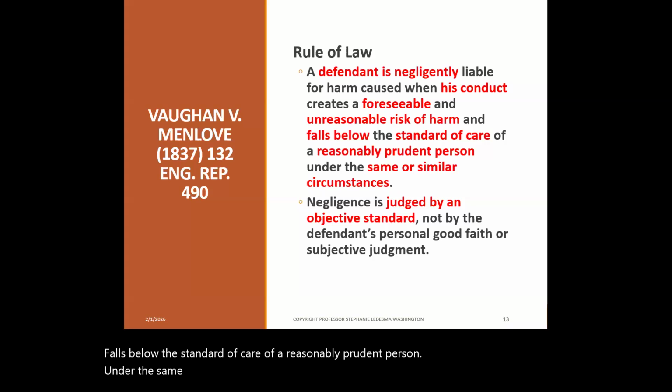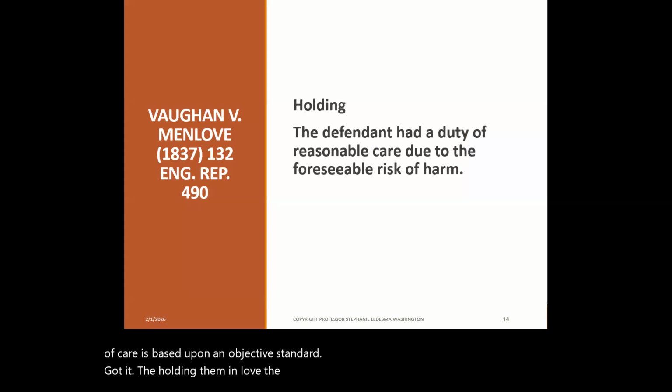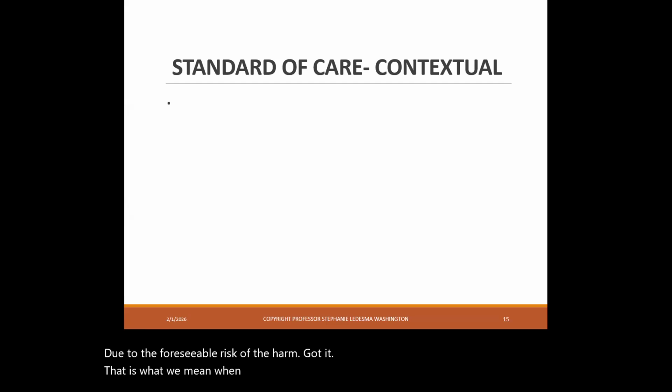This is what we mean when we say that the standard of care is based upon an objective standard. Got it? The holding in Menlove: the defendant had a duty of reasonable care due to the foreseeable risk of harm. Got it? That is what we mean when we say that the standard of care is objective.